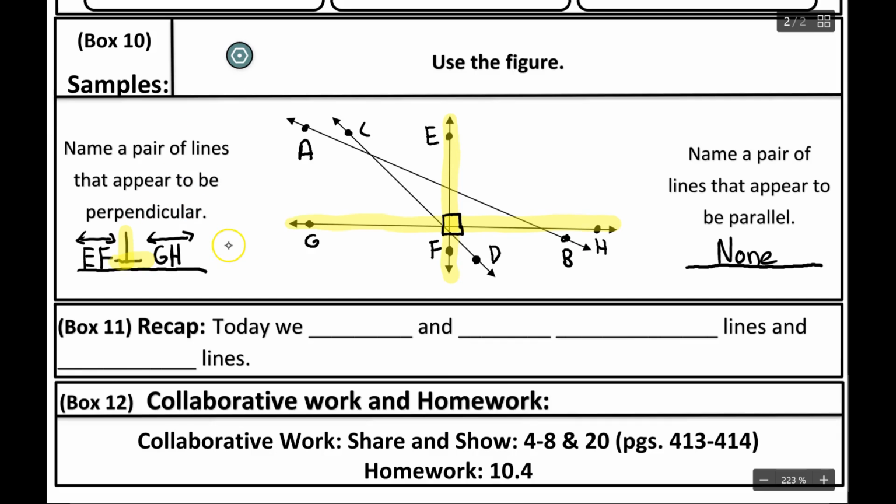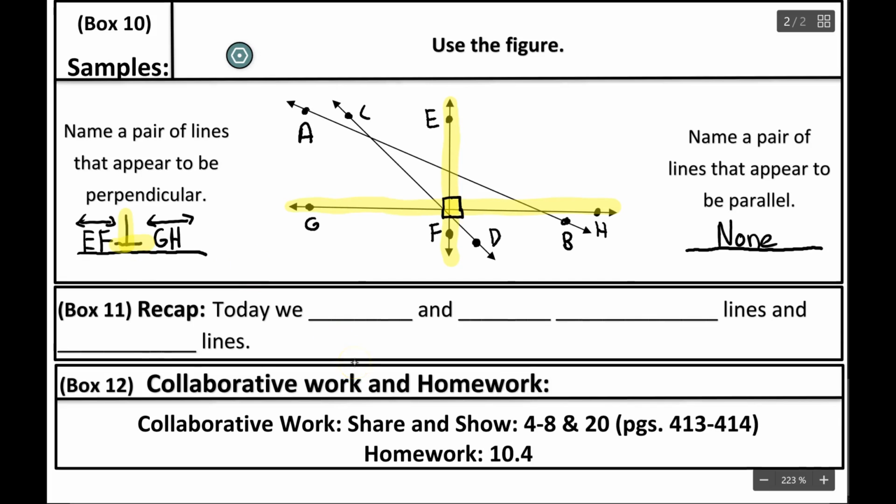Alrighty, going on. So for our recap in today's lesson, today we identified and drew, okay, parallel lines and perpendicular lines.